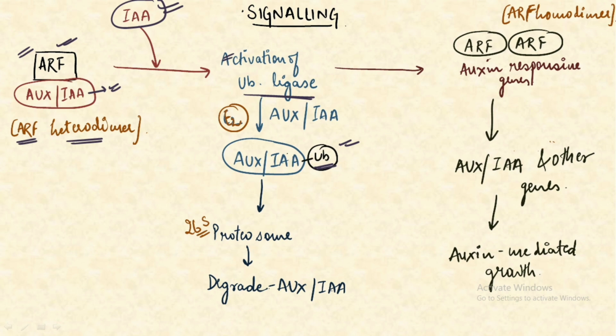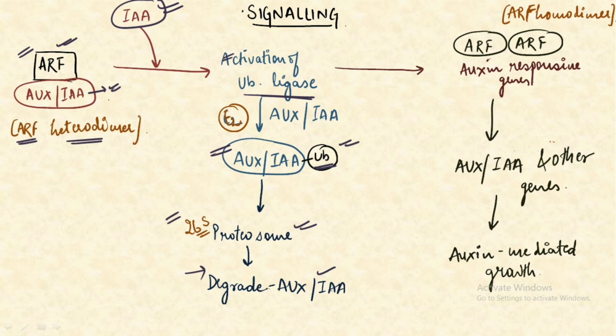And finally this ubiquitin tag helps the plant machinery to understand that this is the protein which needs to be degraded. So this degradation occurs by the 26S proteasomal degradation pathway, and finally the degradation occurs.